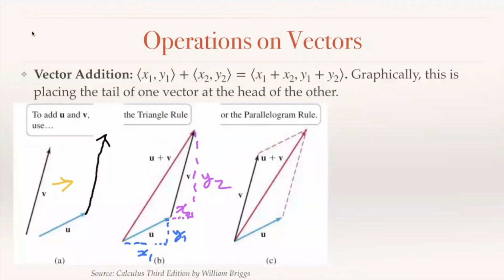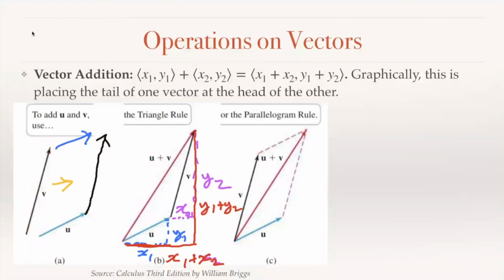Then the coordinates of u plus v: this length is x1 plus x2, and similarly, this length here is y1 plus y2. In this case, we translated v so that its tail is at the head of u, but we could equally well translate u over so that its tail is at the head of v. That's what this third diagram illustrates.